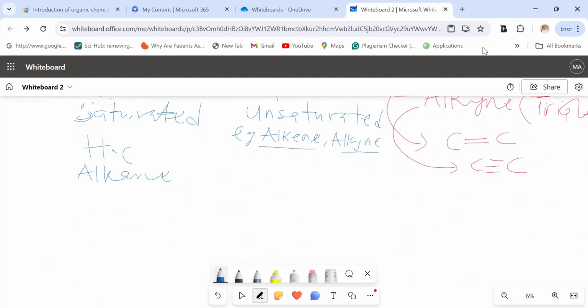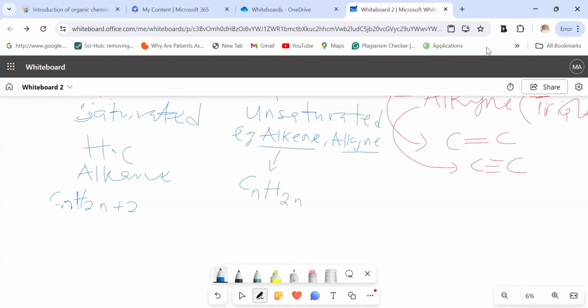The general formula for alkane is CnH2n+2. The general formula for alkene is CnH2n.